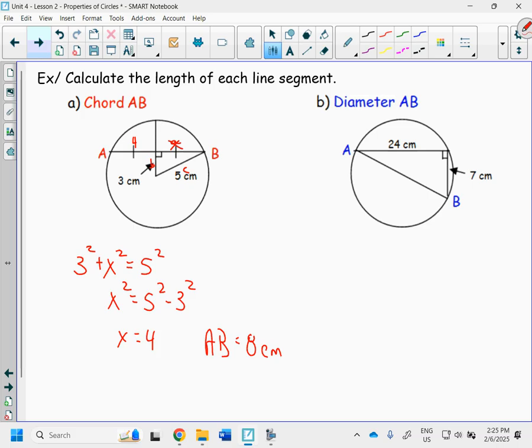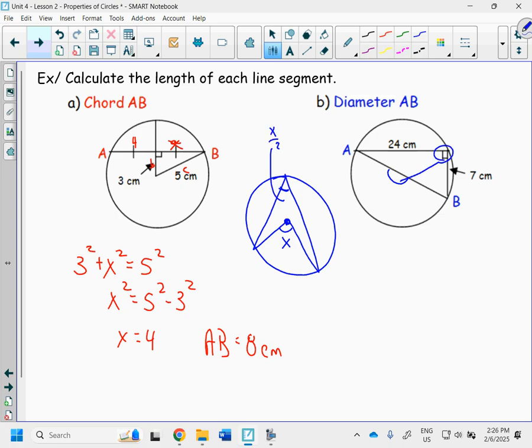Diameter AB, we can find any diameter if we know 2 chords that are attached to it, because they will always form a right triangle through the diameter. The reason there is this angle is 180, and you might remember from grade 9, way back when we had this property of circles, that if you take your central angle and the one that's formed in the corner, this is always half of that, making this guy always 90.